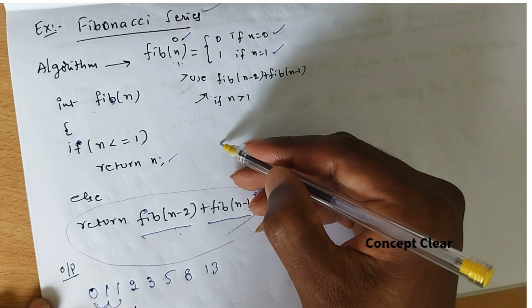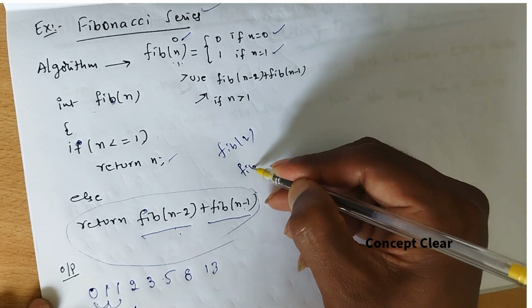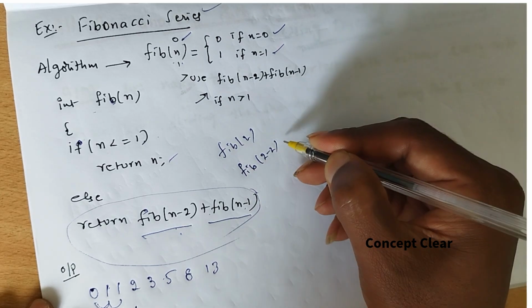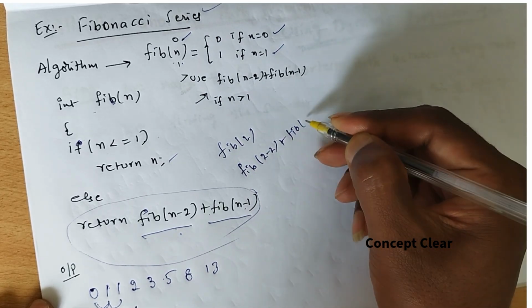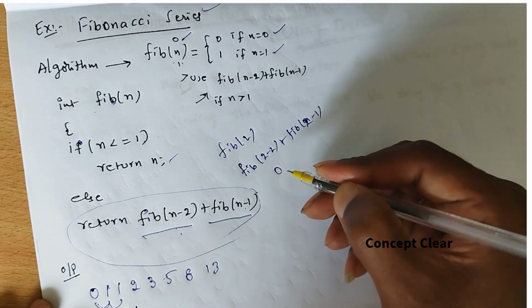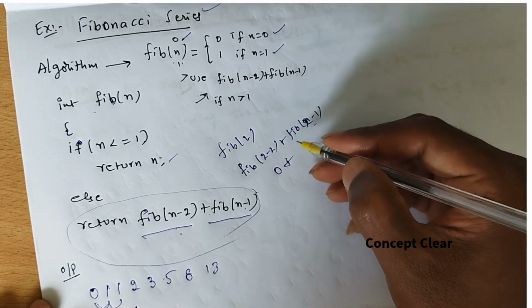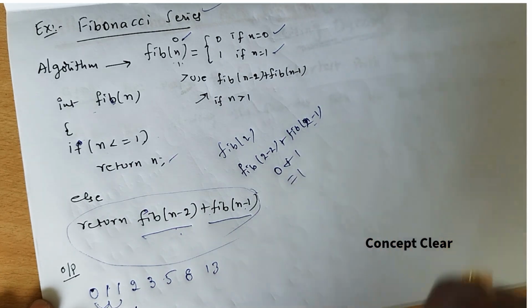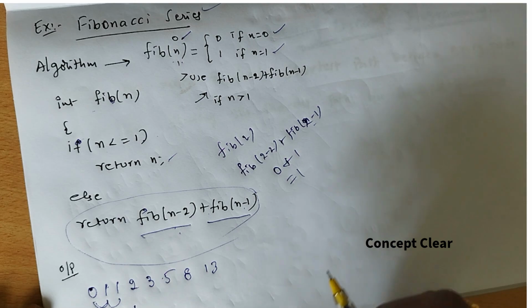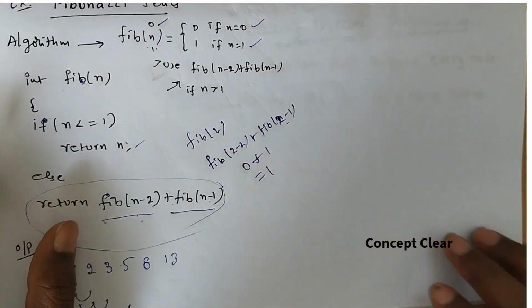For example, if I want to find fib of 2, the value is fib of 2 minus 2, which is fib of 0, plus fib of 2 minus 1, which is fib of 1. The value of fib of 1 is 1, so the value is 1. We will see one live example for this Fibonacci series in this problem.